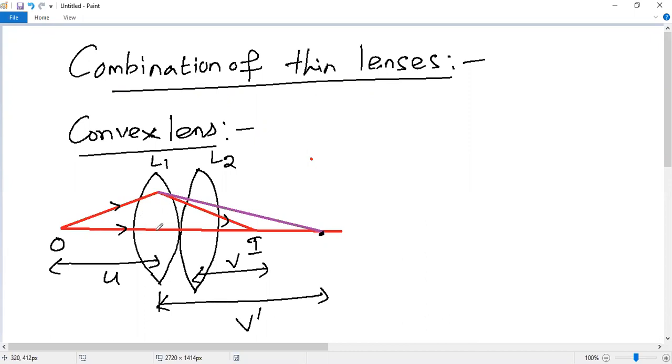The center point I will mark C1 for lens 1 and C2 for lens 2. It is like an optical center.